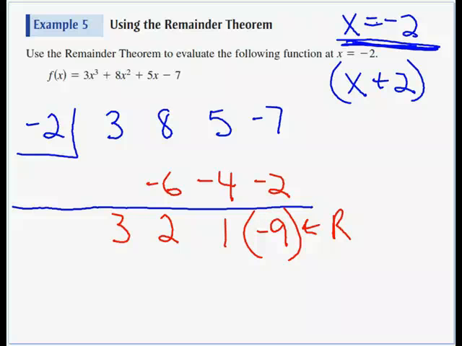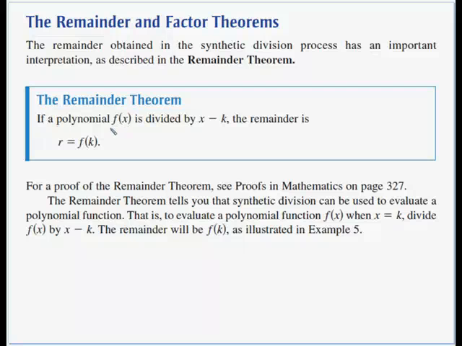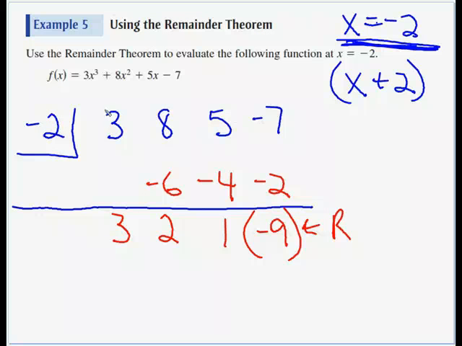So what is this telling us with the remainder theorem? If polynomial this is divided by this, then the remainder is r equals f of k. Or if we take this number, whatever it is, and we plug it into the function, the remainder pops out. Here it is in action. My bad, back up.